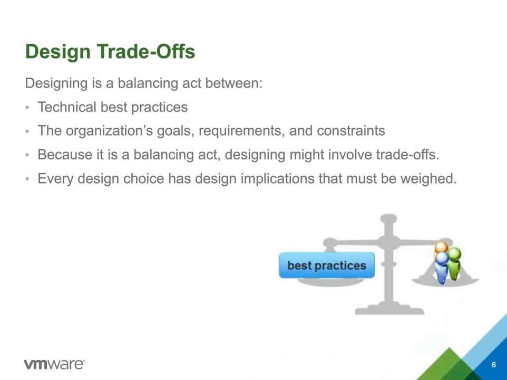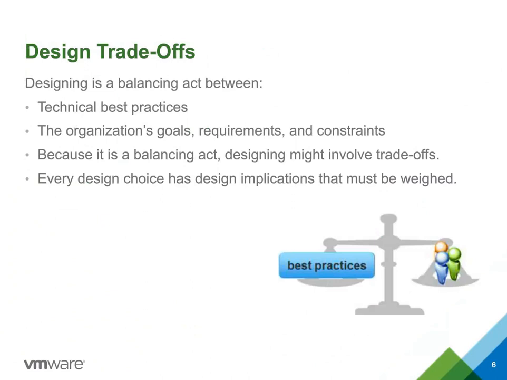Now, in designing, again, there are numerous trade-offs involved. The trade-off between applying best practices versus tailoring the infrastructure to a particular customer organization's goals is one of them, but there are numerous other trade-offs besides just those.